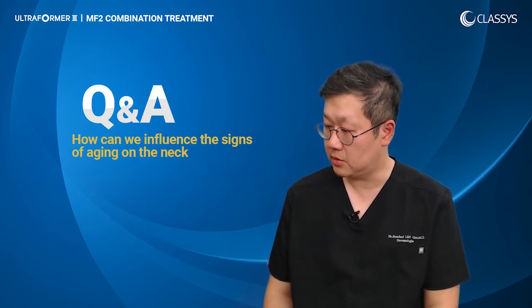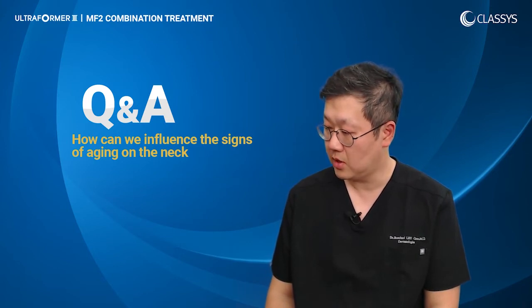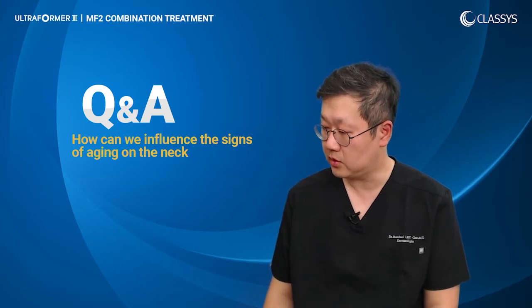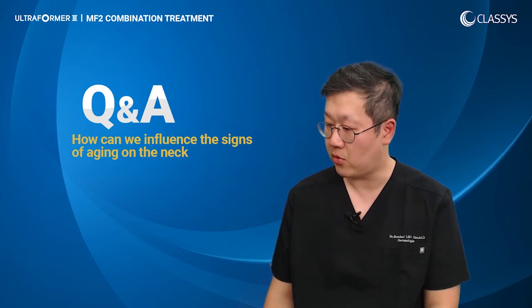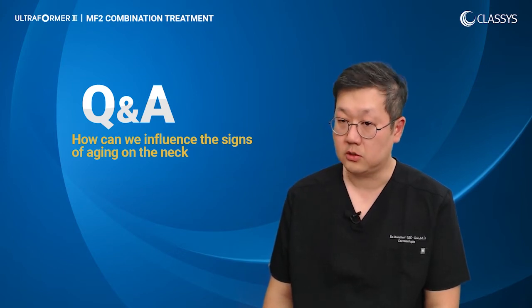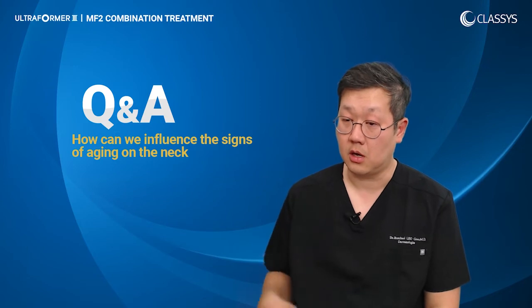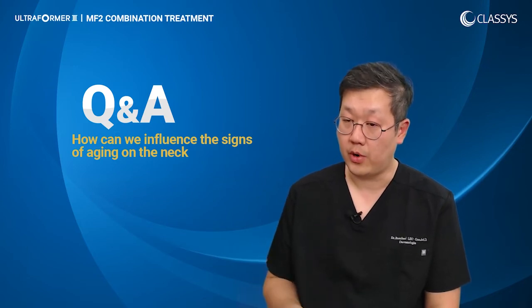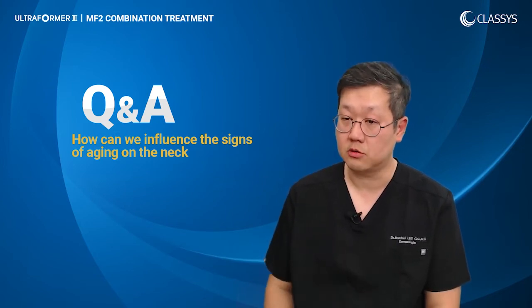Next question is almost similar. Do you also treat the thyroid gland with the MF2? How about other cartilages? And also, will you treat people who had cancer of the thyroid gland before? Usually, I treat a lot of thyroid cancer post-operation scar treatment.